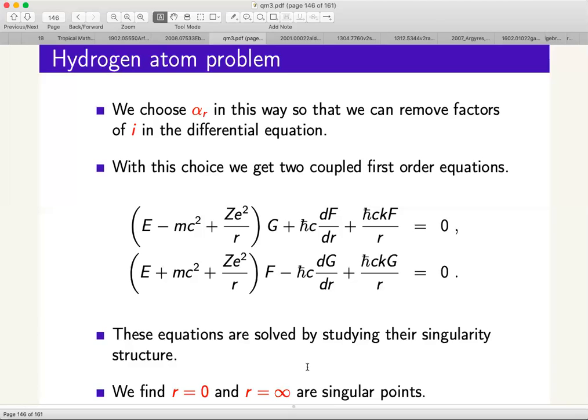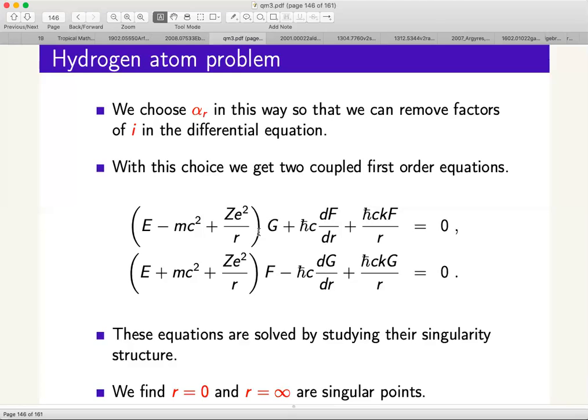Since this is a first order differential equation, actually it is not, but the way it is written, it is a first order differential equation. The reason why it is not a first order differential equation is the following: these are coupled equations. So if you differentiate the first equation by r, you take d/dr of the whole thing, then you get a second derivative of f here, and a first derivative of g here, and a first derivative of f here.